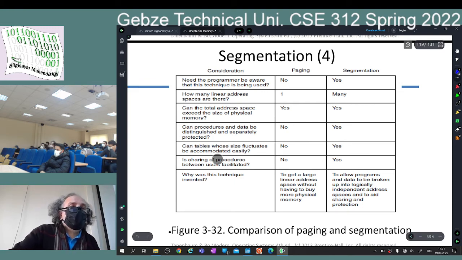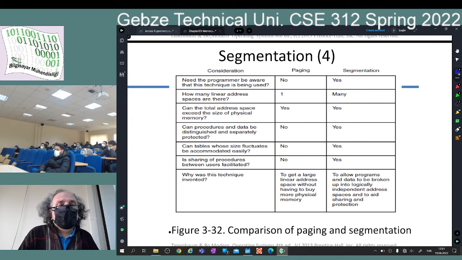Sharing of procedures between users is facilitated. For paging, you can do it if you use position independent code, but for segmentation this is so natural. Yes, I can do that, and I don't have to worry about position independent code.